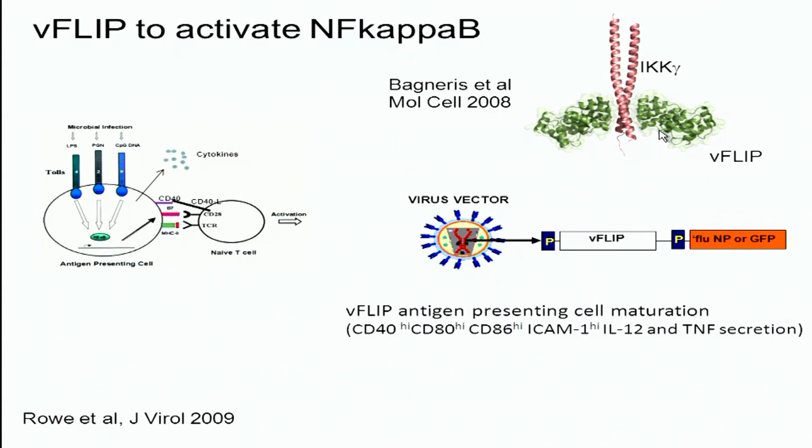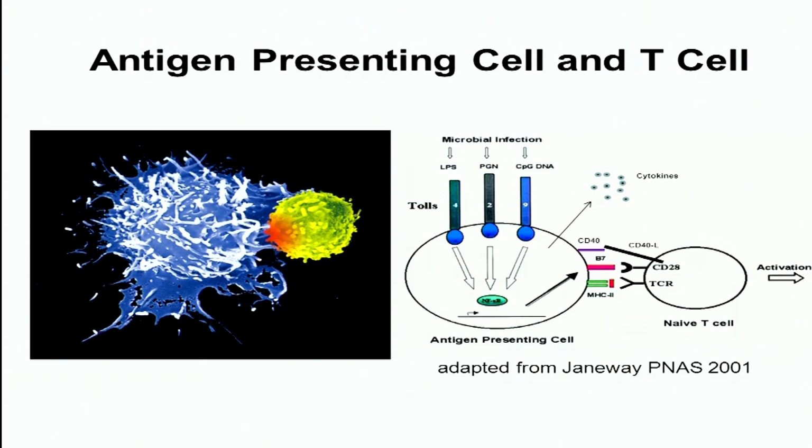And what she did was she found a viral protein which we know constitutively binds to and activates this kinase that's critical for activating that signaling pathway. And she expressed this activating protein together with a protein from influenza, nuclear protein. And she found that indeed we did get all these wonderful features of antigen-presenting cell stimulation that we were hoping for from this strategy.